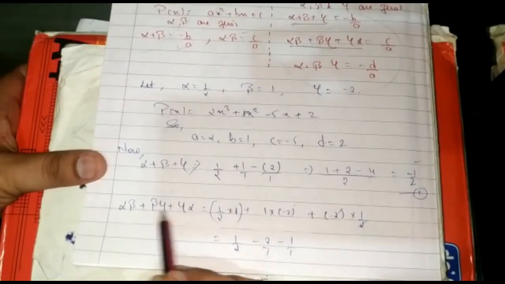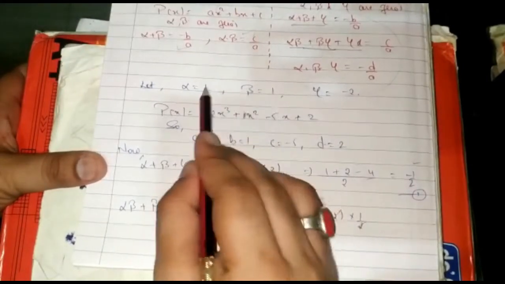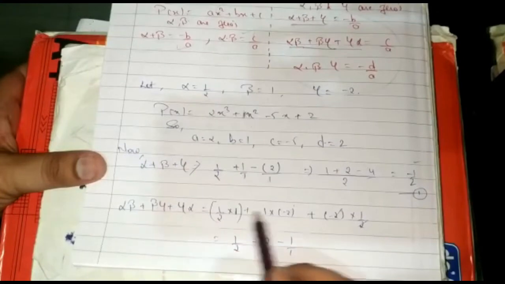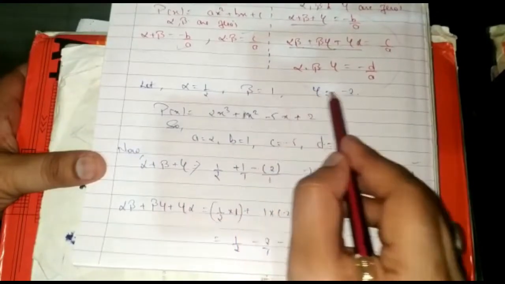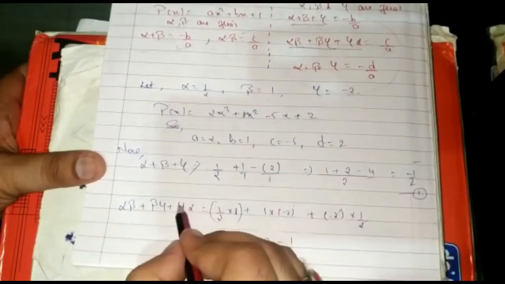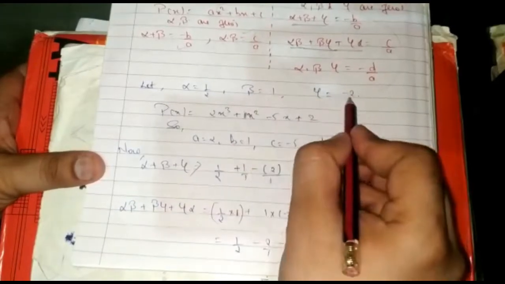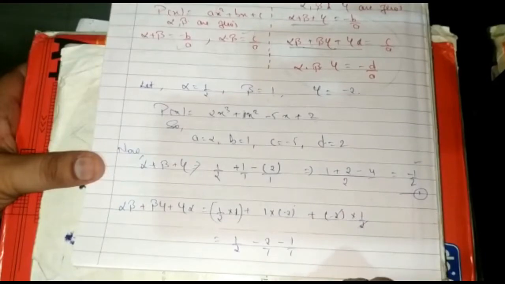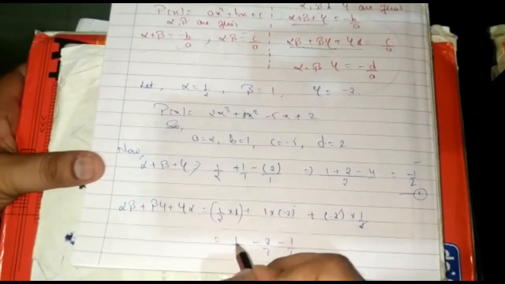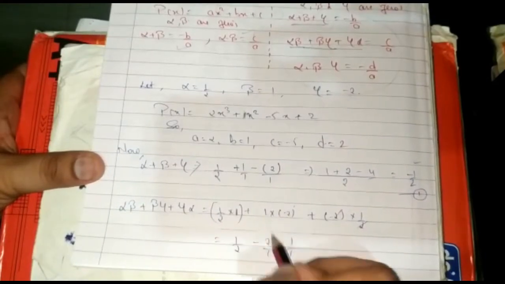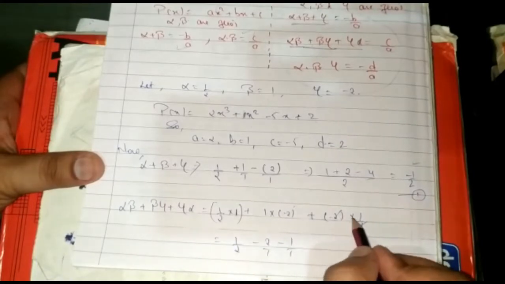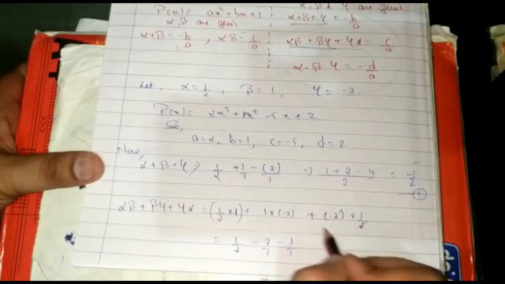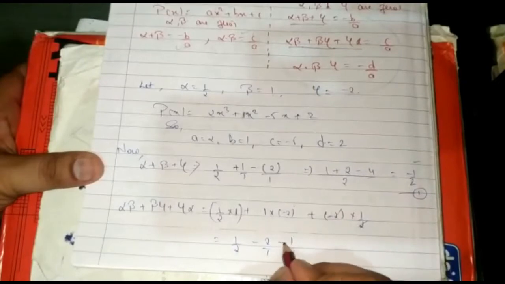Now alpha beta plus beta gamma plus gamma alpha. Alpha beta, that means alpha into beta, that means 1 by 2 into 1, plus beta into gamma, that means 1 into minus 2, plus gamma alpha, that means minus 2 into 1 by 2. So minus 2 into 1 by 2, the 2s cancel out. 1 into 1 by 2 becomes 1 by 2, 1 into minus 2 becomes minus 2, and here the 2s cancel out, only 1 remains, and that is minus 1.